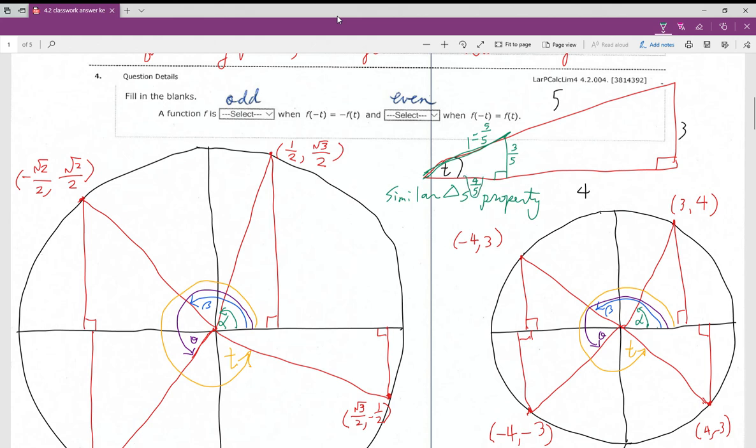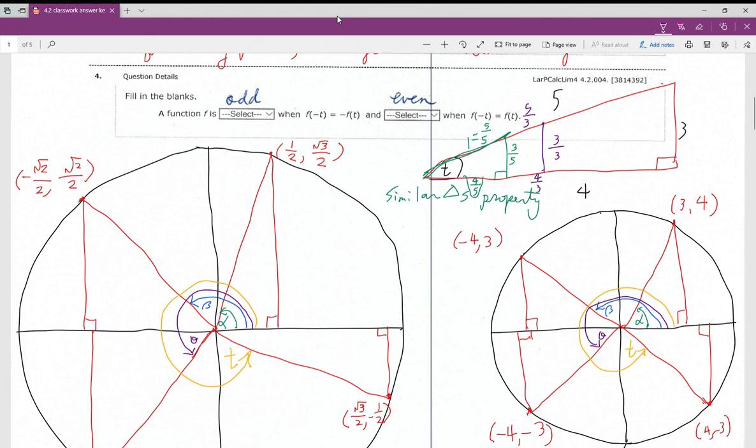Okay? Now, how about if I divide by 3 from 5? What happens? Let me choose a better color. If I divide by 3 from 5, here you have 5 over 3. Then this 3 needs to be divided by 3, and this 4 needs to be divided by 3 also.